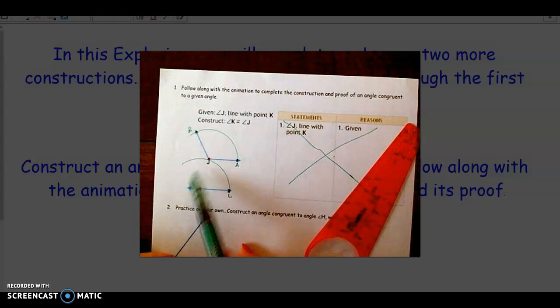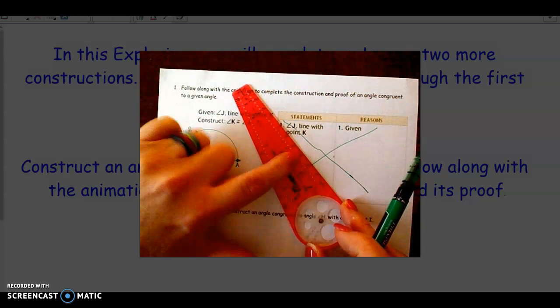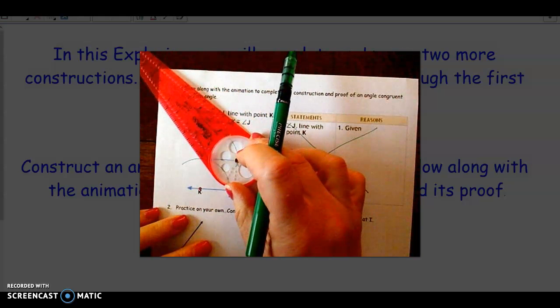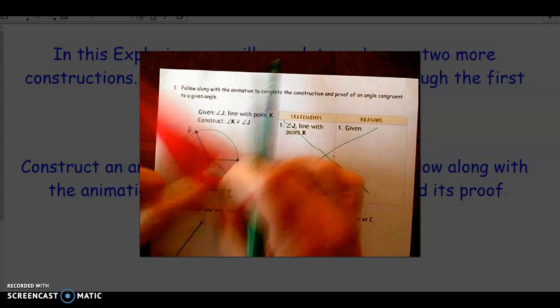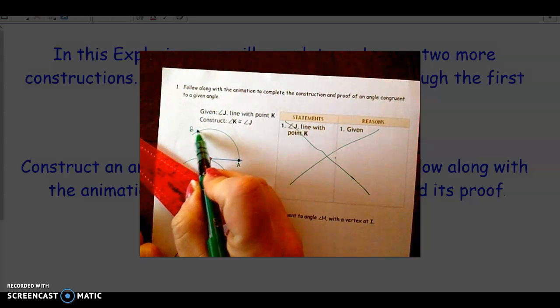I've got to find out where the point is going to be on this arc that I can connect to K so that I have the same angle I started with, angle J. To do that, we measure with our compass, but not with the ruler measurements on the side. Remember, measuring with your compass means putting your hole setting on one point and finding a hole that matches up with the other point.